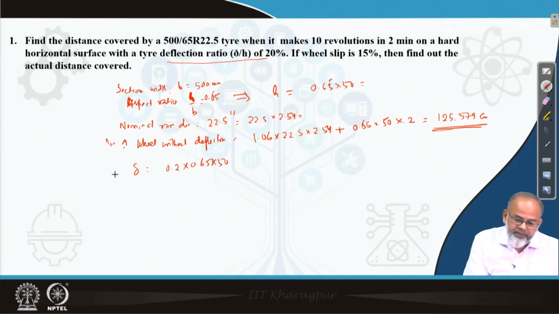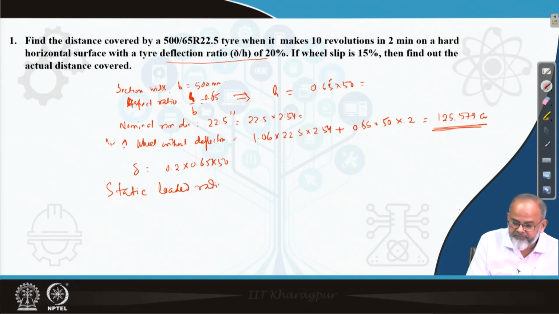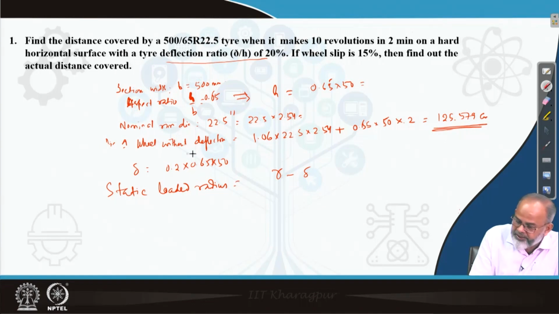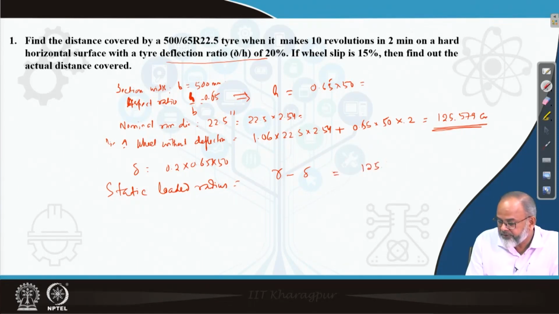Now the static loaded radius will be equal to R minus delta. If the diameter of the wheel without deflection is this, then R will be D by 2 minus delta. So R will be 125.579 by 2 minus delta. Delta is this value.